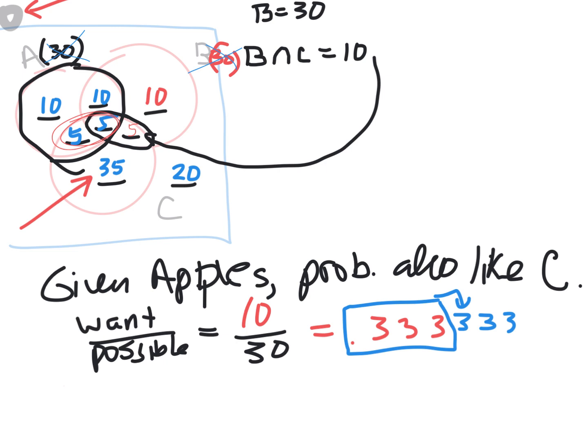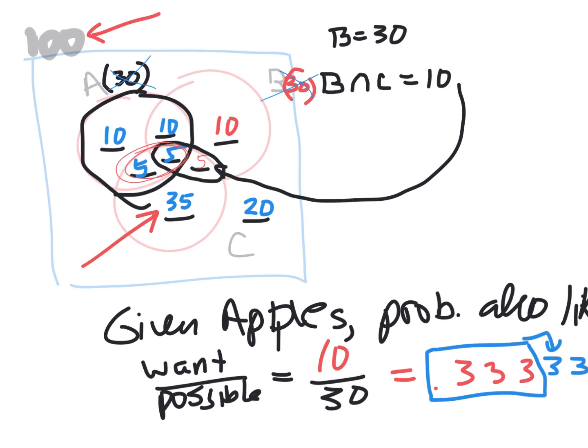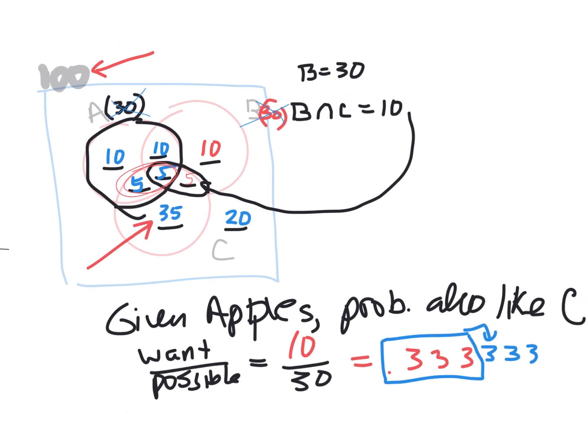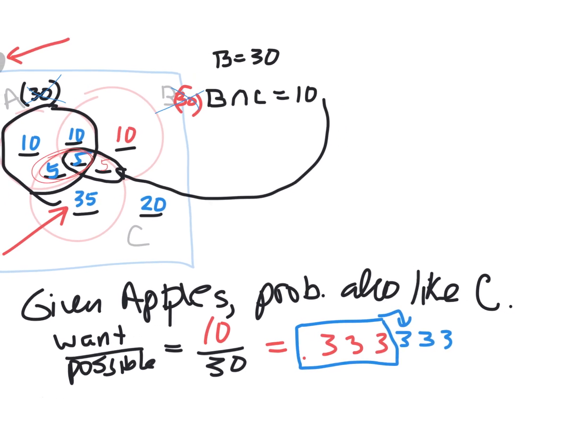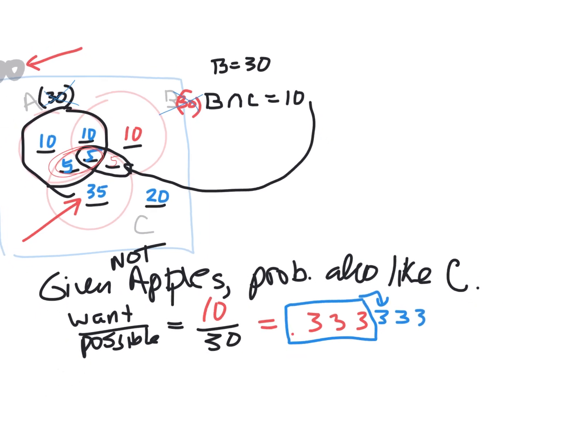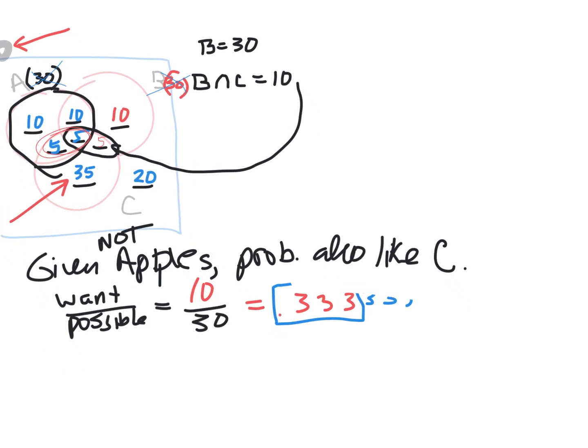Okay, thank you. Okay. One more given one, because those are the toughest kind. Given they do not like apples, what's the probability they like carrots? So I'm just changing the question to given not apples, what's the probability they like carrots?